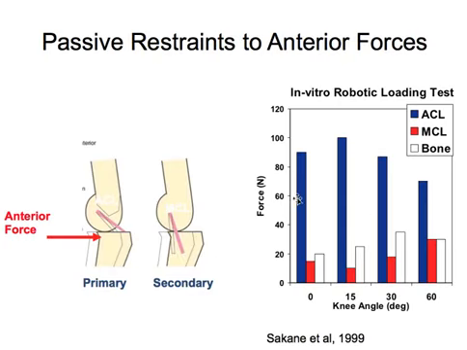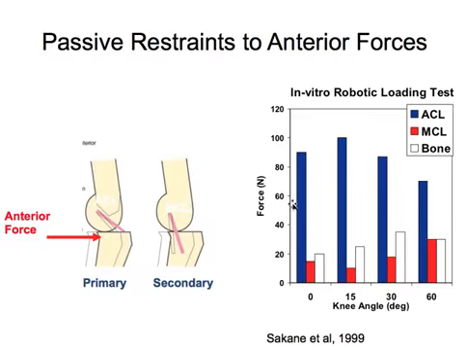And so this graph here is recording the force in each subsequent tissue, the ACL in blue, the MCL in red, and bone in white, at different knee angles in an in vivo robotic loading test where the robot actually bends the knee in these different positions.